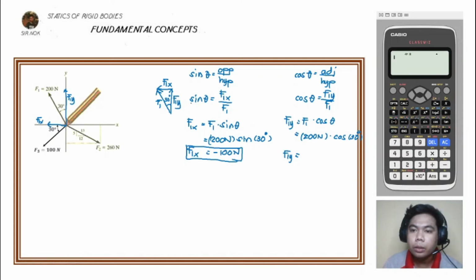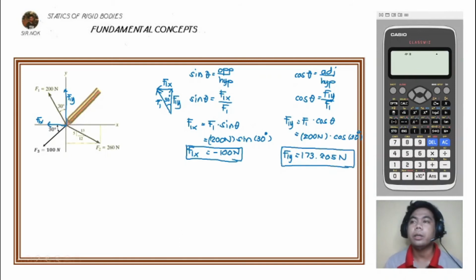So upward, so positive, 173.205 newton. So that is our F1y. So F1x is negative 100 newton, and F1y is positive 173.205 newton.